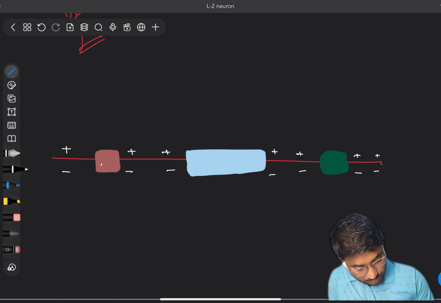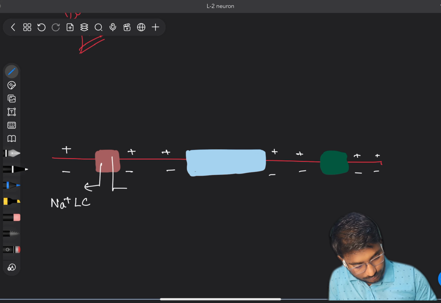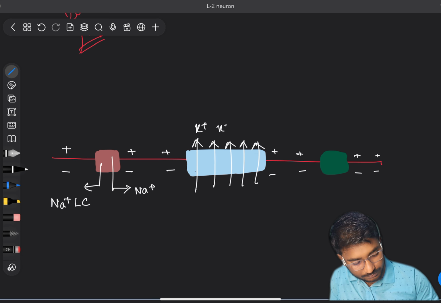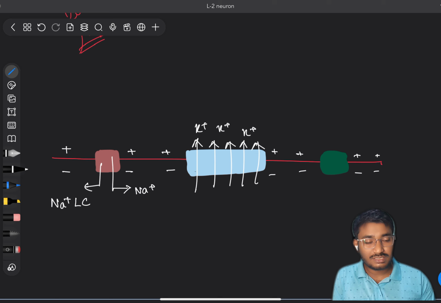Okay. Now from here the sodium leak channel, sodium, and potassium. Sodium comes out, potassium goes in.